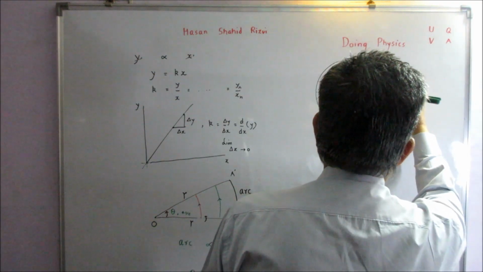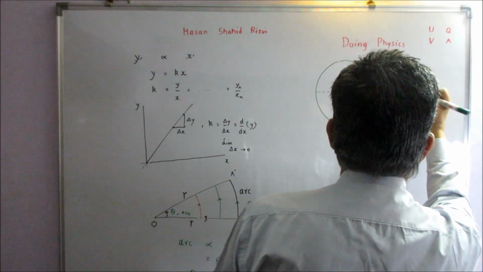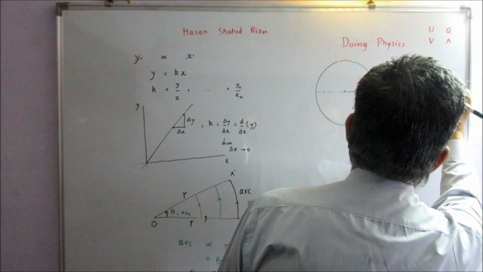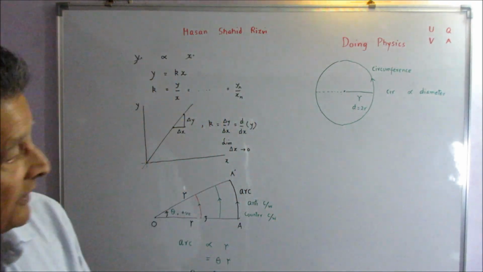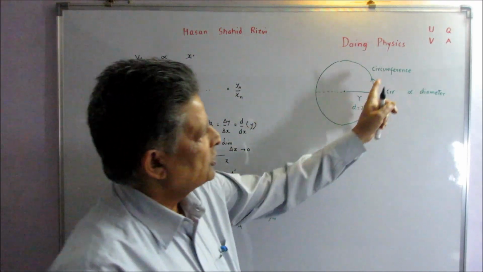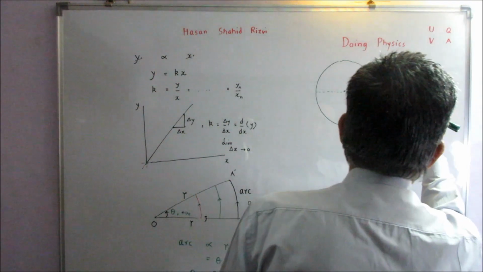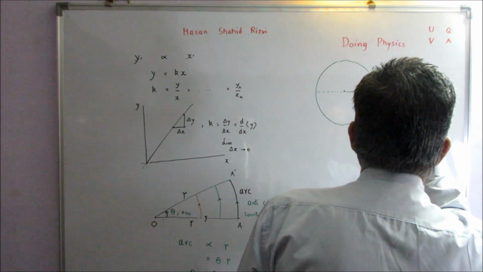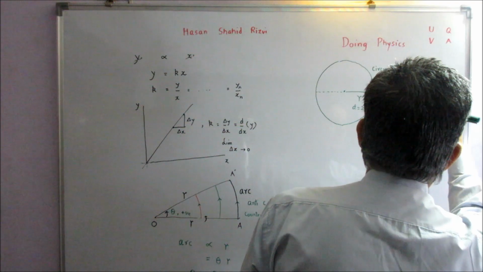That is, circumference is proportional to diameter, which in Hindi we call vyas, and the radius we call ardhvyas. So the circumference becomes equal to a constant times d, the diameter.